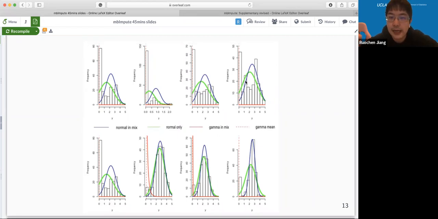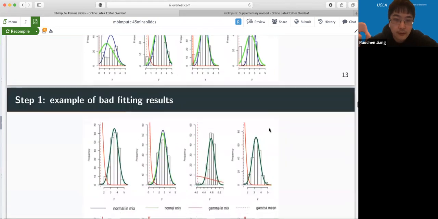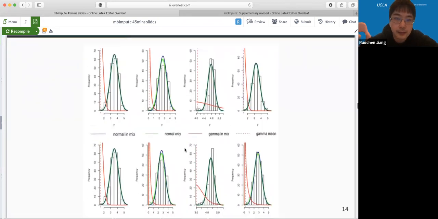However, we can see that the distribution here really did fit well if we use the gamma and the normal mixture. However, in some cases, we may fall into this scenario that if we just fit one normal distribution, it is good enough to capture the variance in the data.